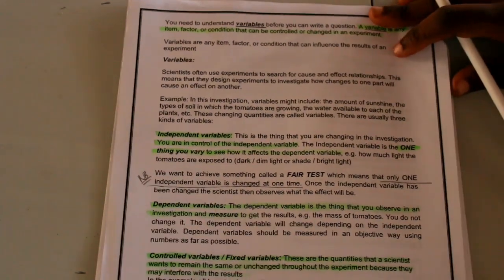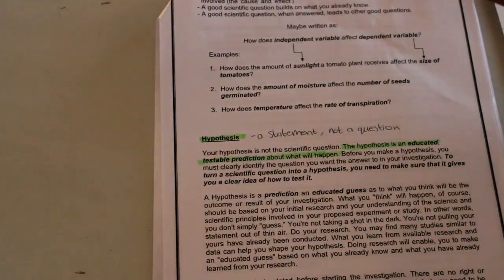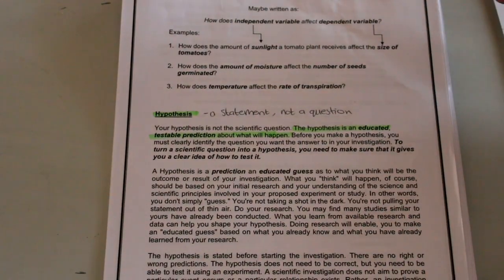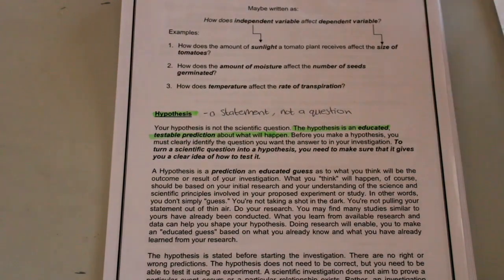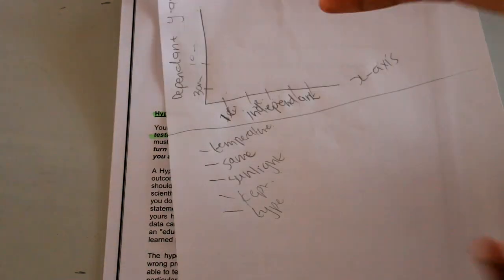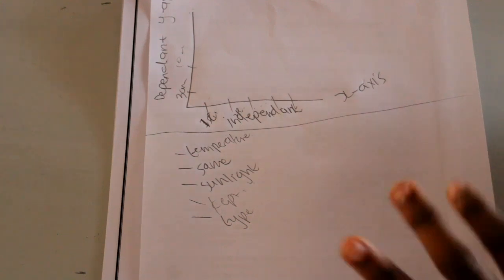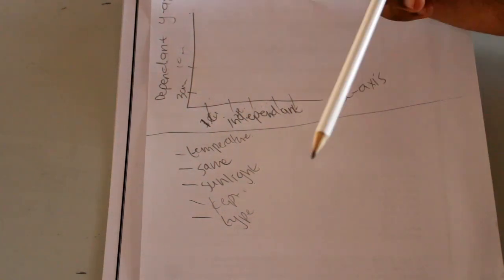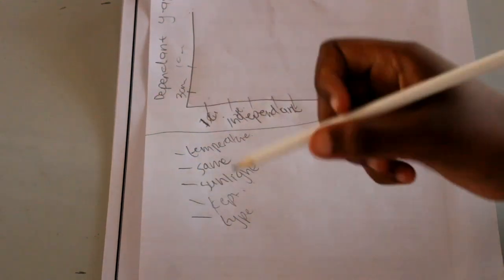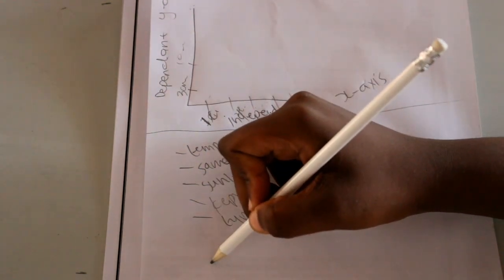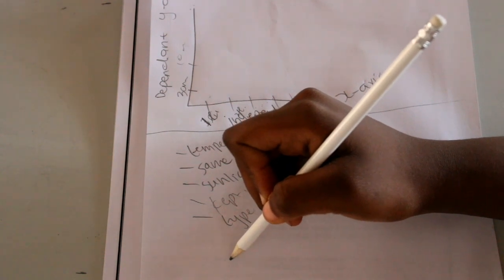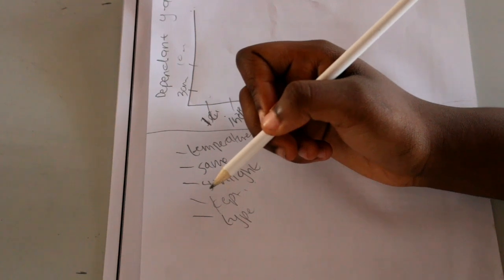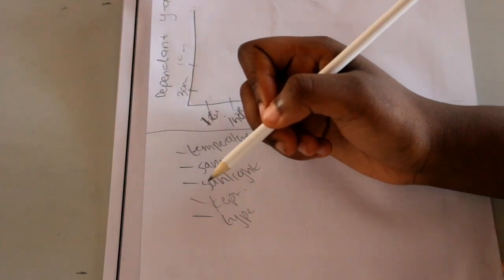So moving on to the hypothesis. What is a hypothesis? A hypothesis is basically an educated statement. It's a statement, not a question. For example, in my experiment that I made up, a hypothesis cannot be wrong or correct. Even if you just say, the more water I give the plant, the less it grows, that's a hypothesis, even though that's not what the outcome will be.